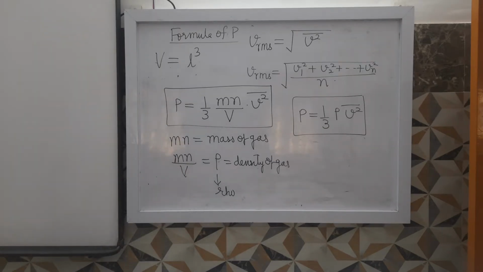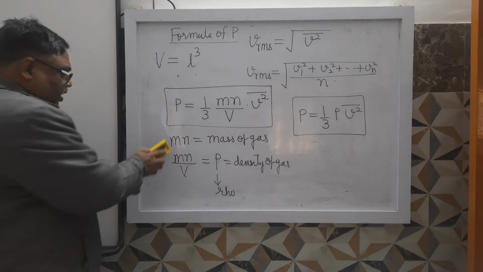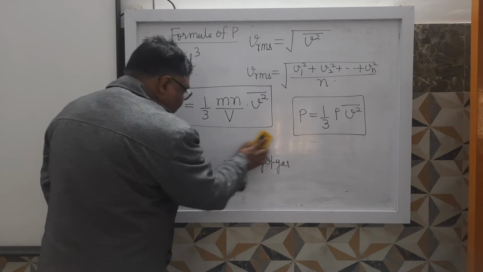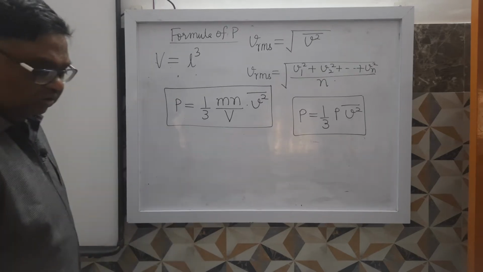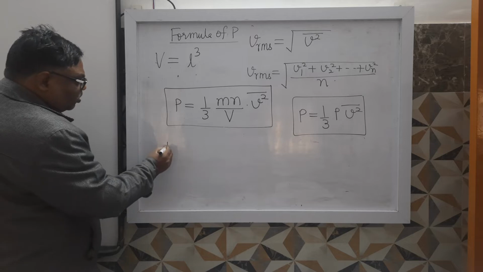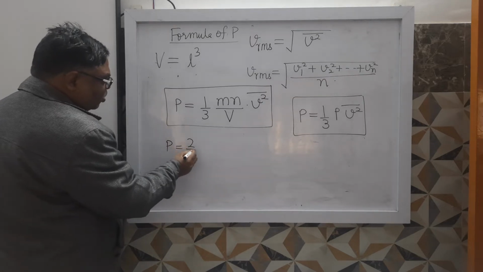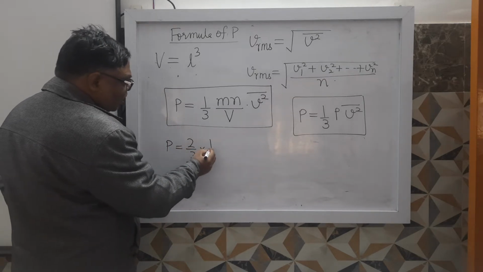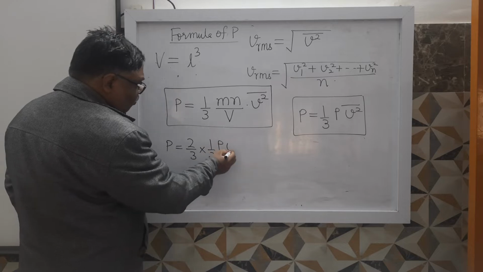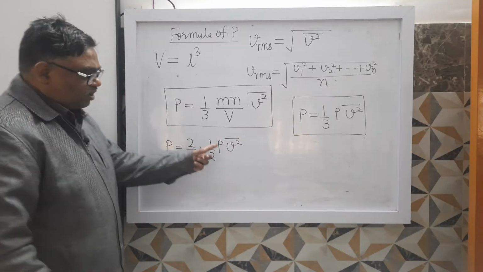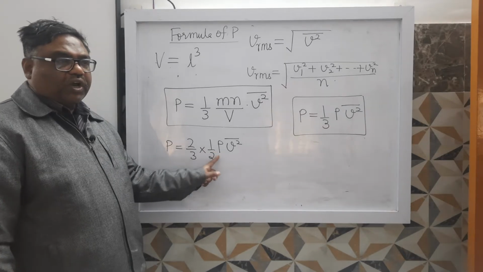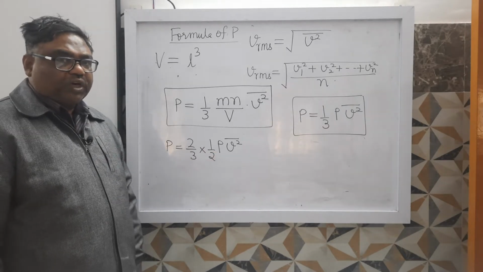Now this formula can be written in one more way. It's clear? And what is that way? You can see here, P equals 2 upon 3 into 1 upon 2 rho V square bar. You can see here, density means mass of unit volume.